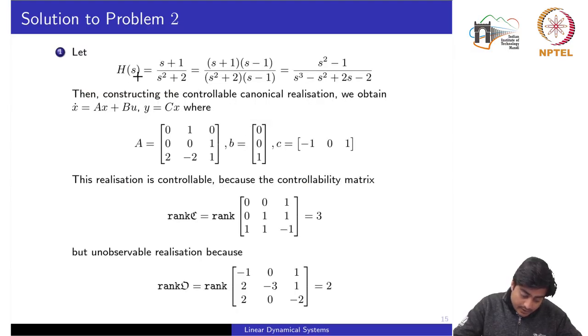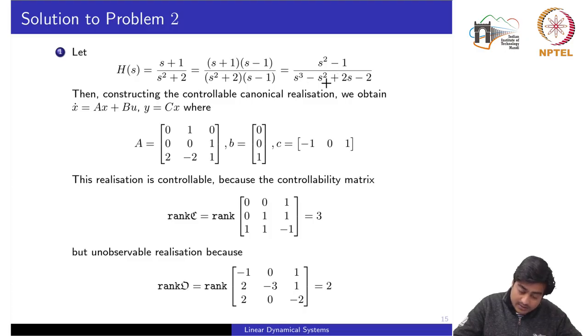So to obtain the unobservable realization, what we have done here is, in this transfer function we have added one polynomial factor both in the numerator and in the denominator. Okay, so opening this polynomial we would obtain this one.